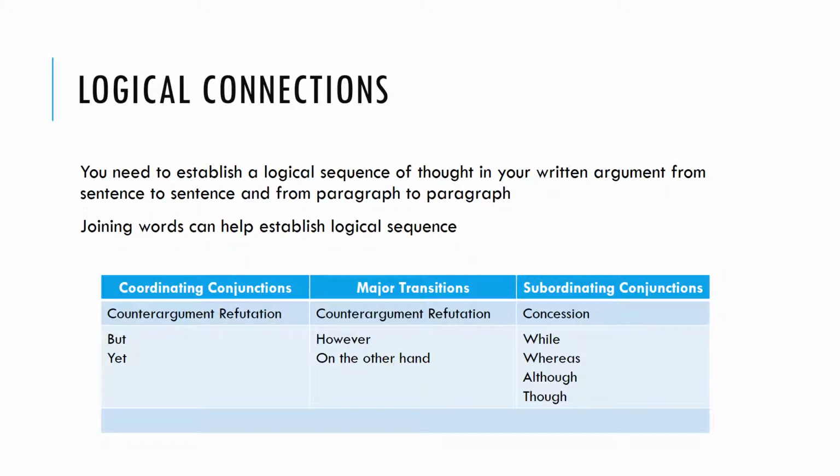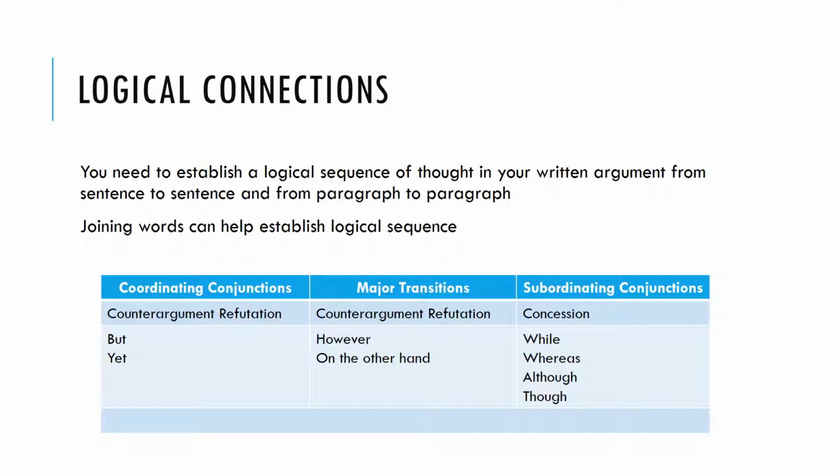In order for your reader to understand your position and how the support is constructed, you need to establish a logical sequence of thought in your written argument from sentence to sentence and from paragraph to paragraph. Joining words can help establish this logical sequence between ideas. Take a look at this table, which is from your book.